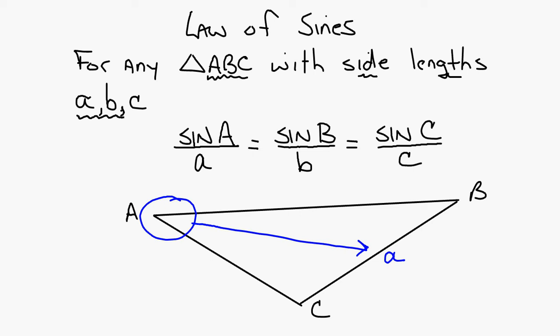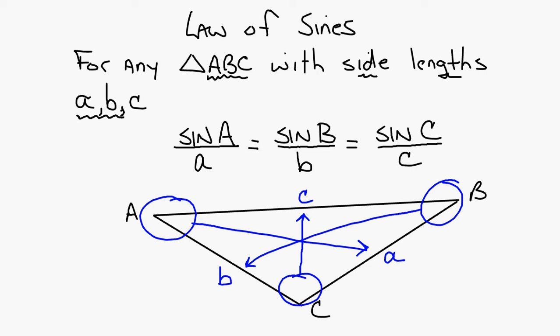The side opposite of angle B is this side, and it's referenced lowercase b. If angle C is this bottom angle, then its corresponding or opposite side is lowercase c.